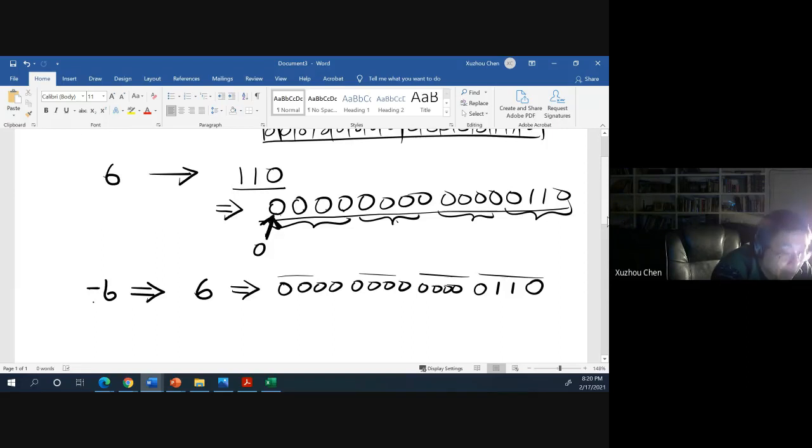And then in order to store it in terms of two's complement, what's the next step? Invert. So that means it's 1, 1, 1, 1, 1, 1, 1, 1, 1, 1, 1, 1, 1, 0, 0, 1, right? Every 0 becomes 1, every 1 becomes 0. So invert it.